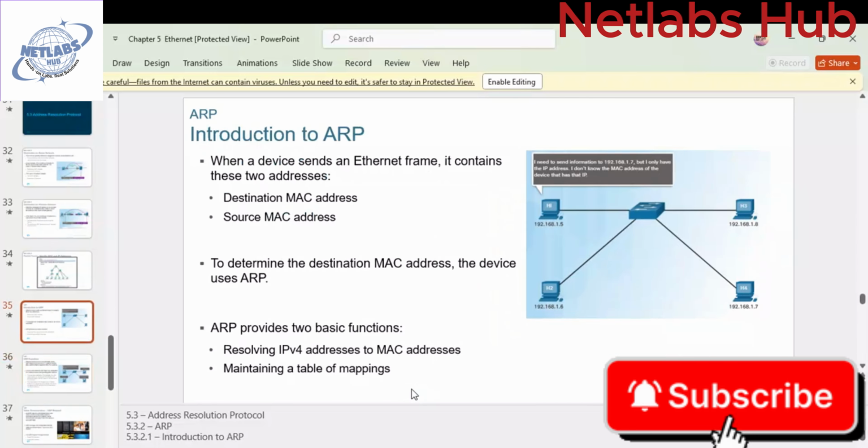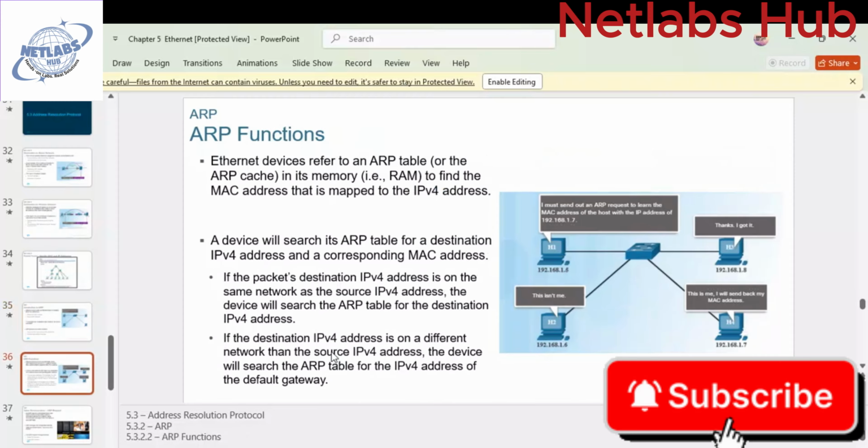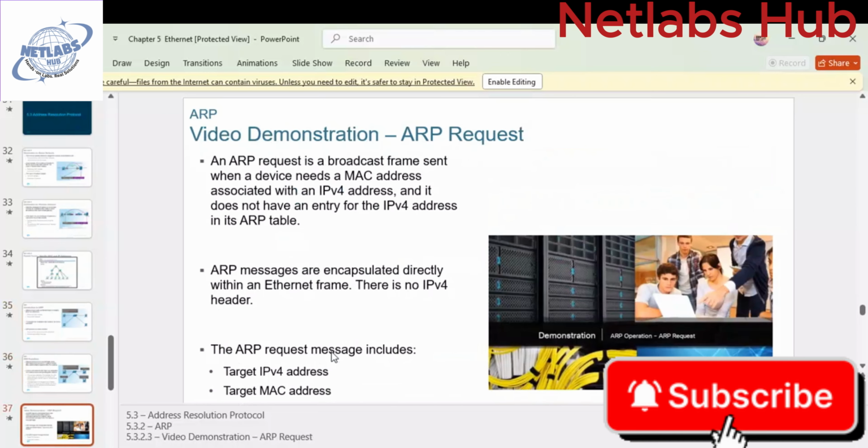It is also a question that is asked, so that ARP maps the IP version 4 addresses to physical addresses and also maintains the CAM table. So those are the functions.